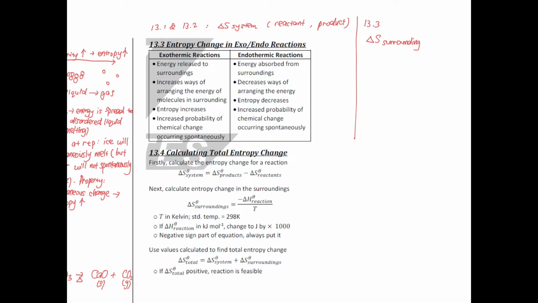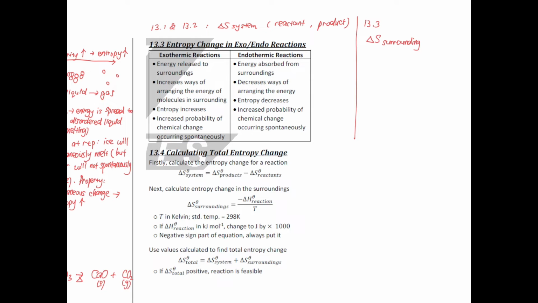Surrounding of the reactant and the products. Okay, imagine the reactant is in the aqueous solution, and then the surrounding is the water. The reactant and product is the entropy of system, and then the water involves the entropy of the surrounding.